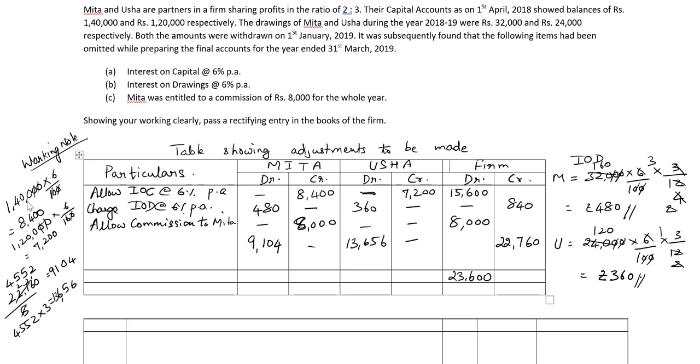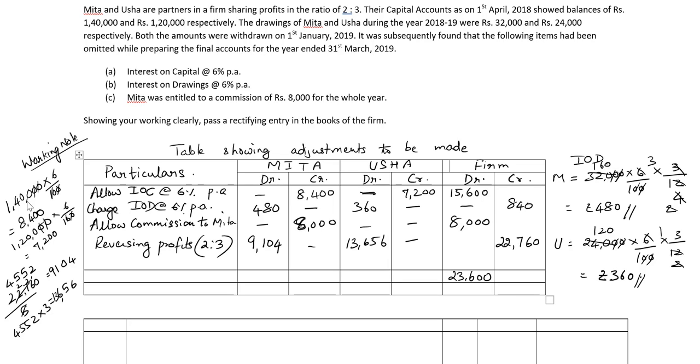And since I have debited the partners, I will write reversing profits. And the ratio in which I have reversed is 2:3.